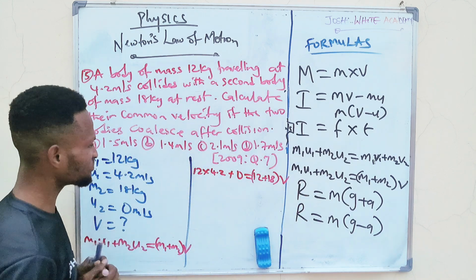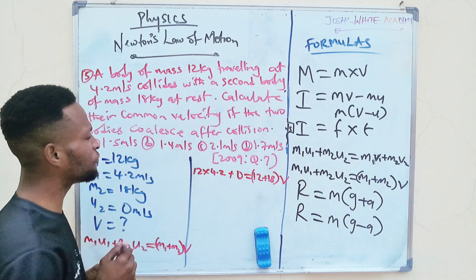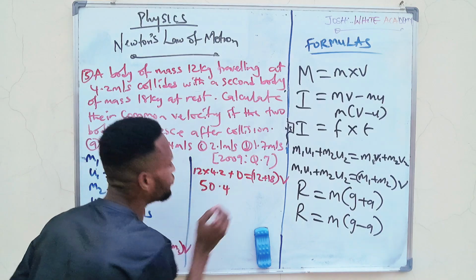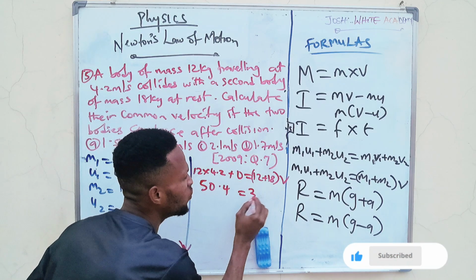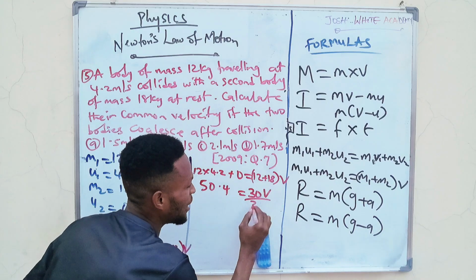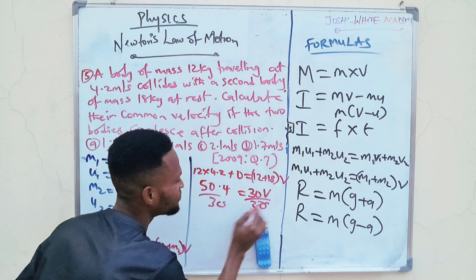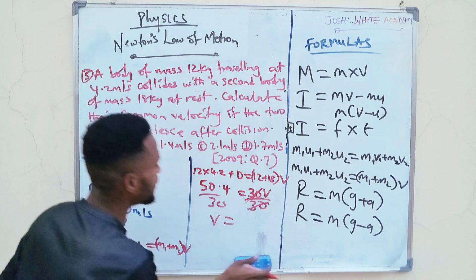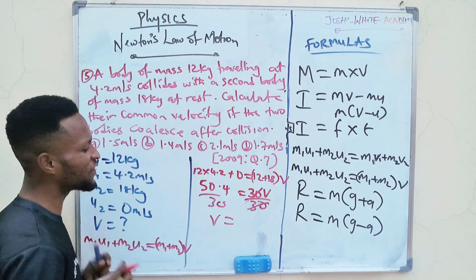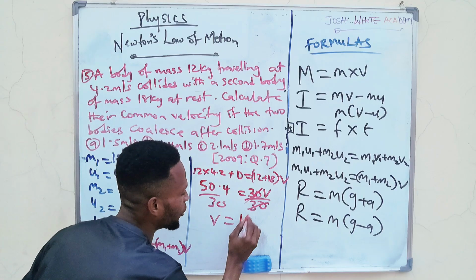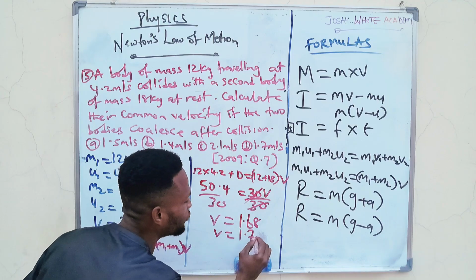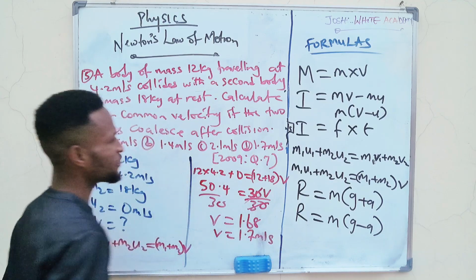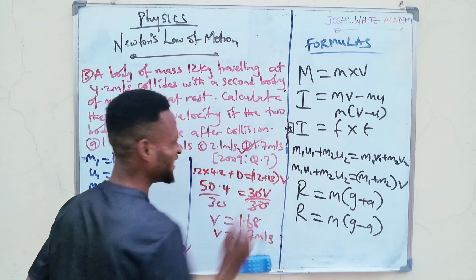So 12 times 4.2, 50.4 is equal to 12 plus 18 will give you 30V. Divide both by the coefficient of V. So our V, 50.4 divided by 30 will give you 1.68, which is approximately 1.7 meter per second. So our answer is what? D.